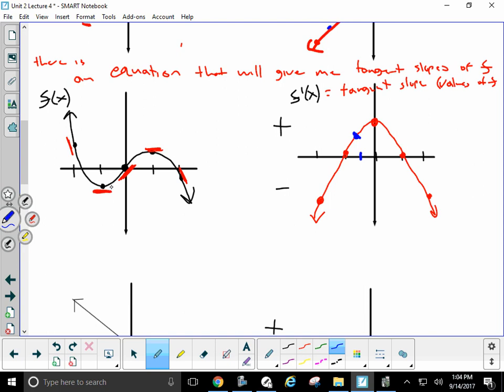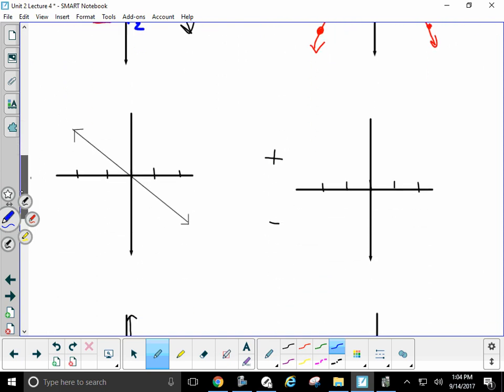If this y value is 2, that's telling me that the tangent slope's value is 2. That's really powerful.